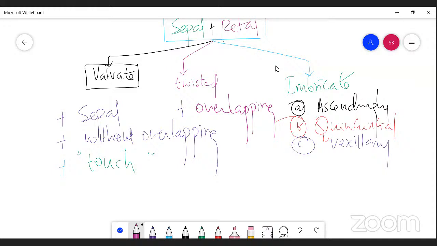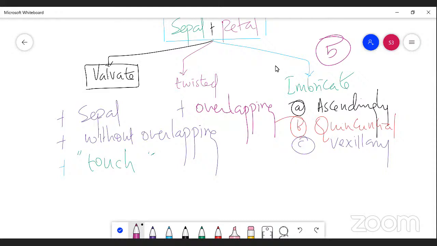Whereas the imbricate distribution means all the sepals or petals are arranged with overlapping, but one is outer and another is inner. If you take it, there will be 5 sepals or 5 petals arranged in a bud condition of a flower. Just imagine, one petal is exterior and one petal is interior.